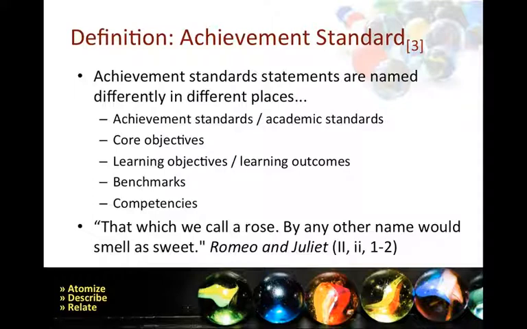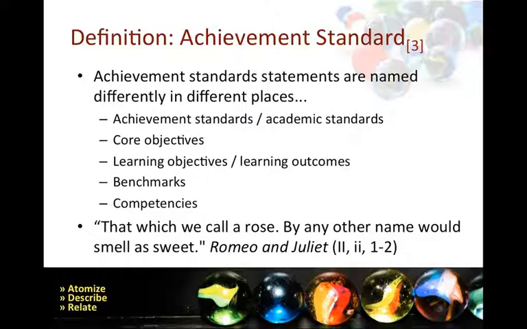The labels we attach I have not found to be consistent anywhere on the planet. Very, very diverse. These achievement standards that I just defined, you will find in the U.S. called achievement standards, academic standards. You'll find them in other places called things like core objectives. I think that's what they are here in the Netherlands. You'll find them called learning objectives, learning outcomes. You'll find them called benchmarks.